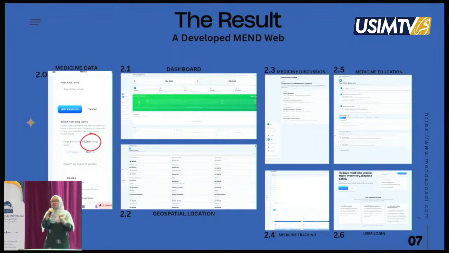But the most important part is all of our features are connected. The prediction tells us what might happen. The education helps guide users to understand what they should do. And the navigation helps users to find where to dispose this medicine properly. So this definitely turned MAN from a prediction into a real action.